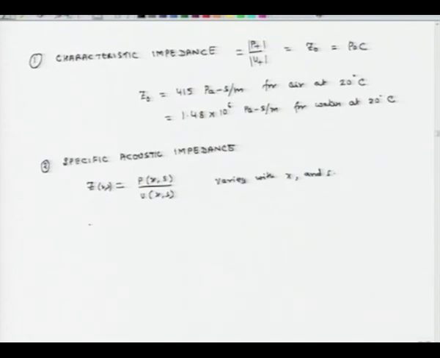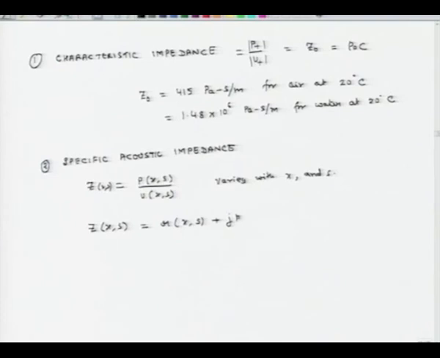Now, z of x and s could be written as a real part, designated by the letter R, and that again can depend on x and s, and also an imaginary part.